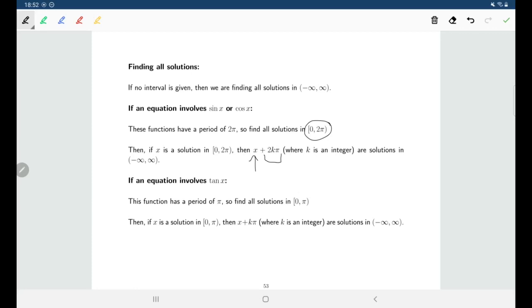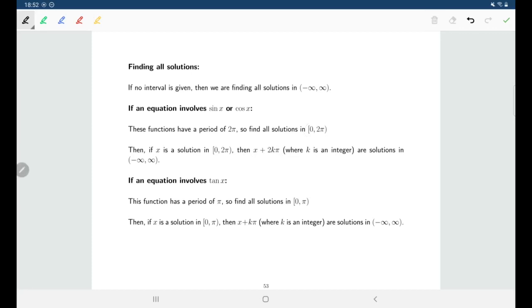If you had a solution that was some number x, then another solution would be x plus some multiple of 2 pi, 2k pi, where k is an integer. Those are all the possible full revolutions you could add on to that angle x, so all the angles coterminal to x would be solutions.